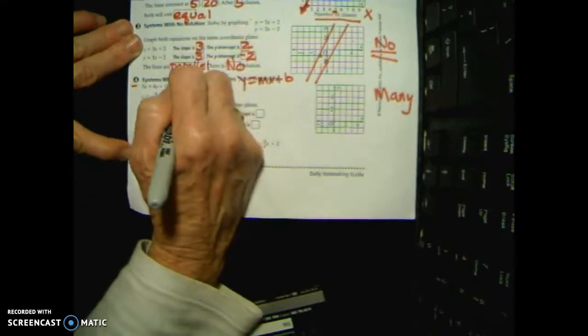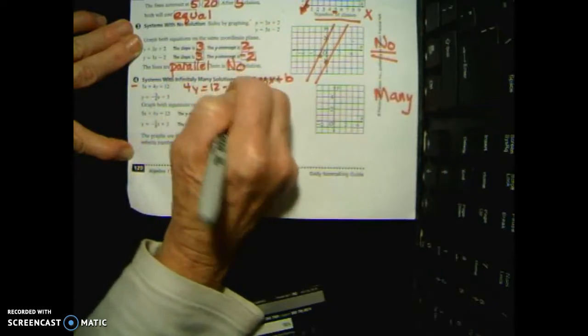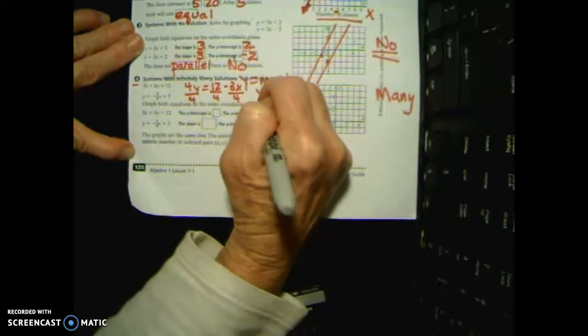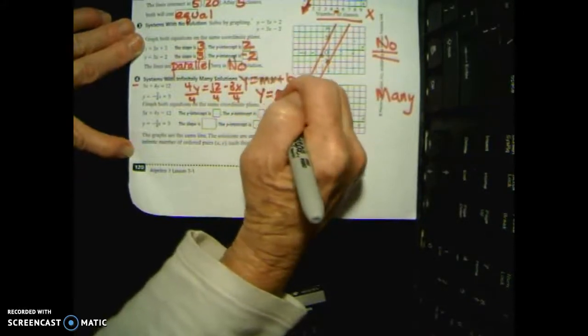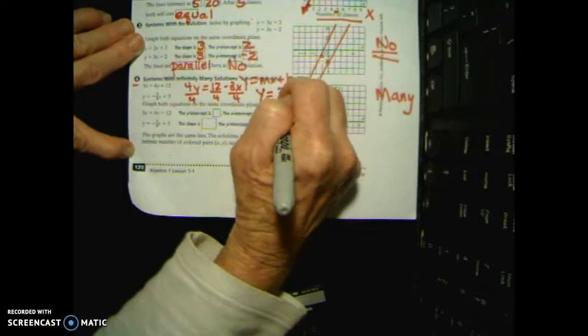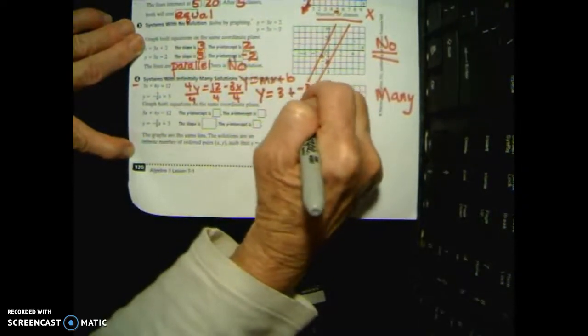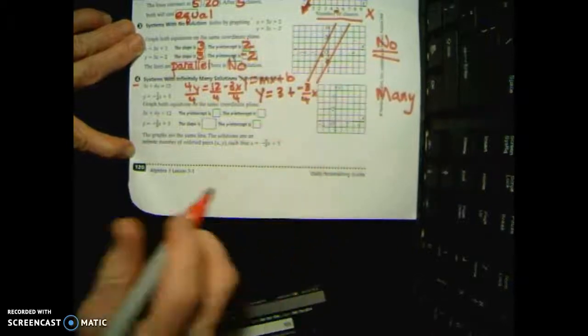I'm left with 4y equals 12 minus 3x. I need to divide both sides by 4. And surely I get y equals 3 plus negative 3/4 x.